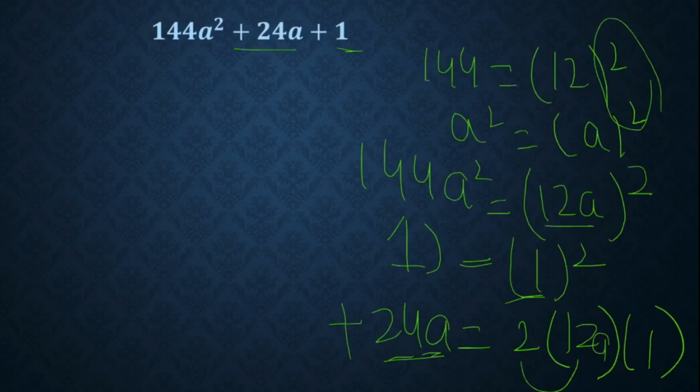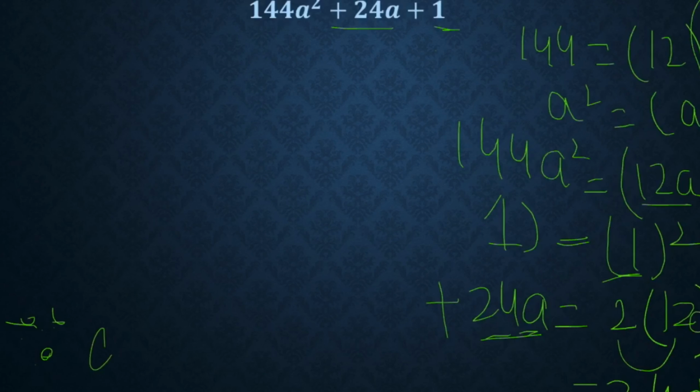It means these are the terms of the type a square plus 2ab plus b square.